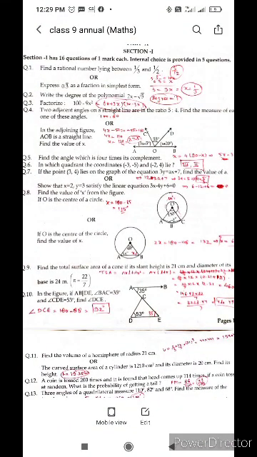O is the center of the circle. So the angle AOC is given 130 degree, and the angle ABC we have to find, x.